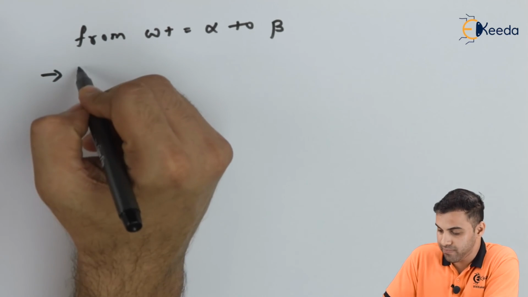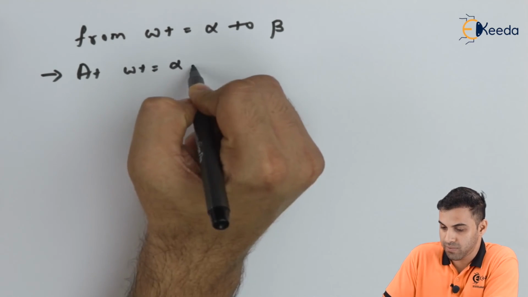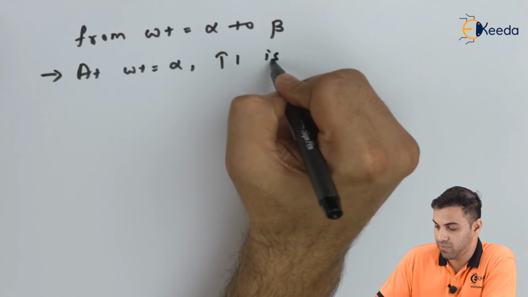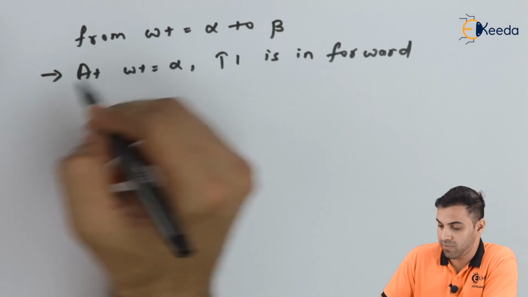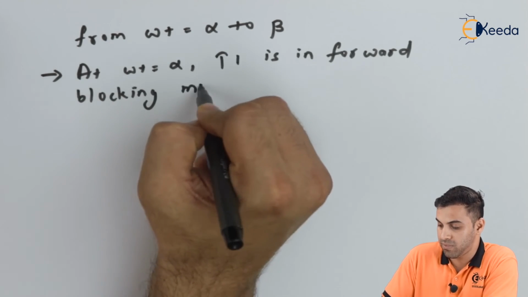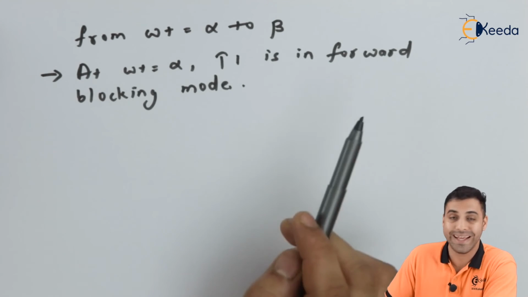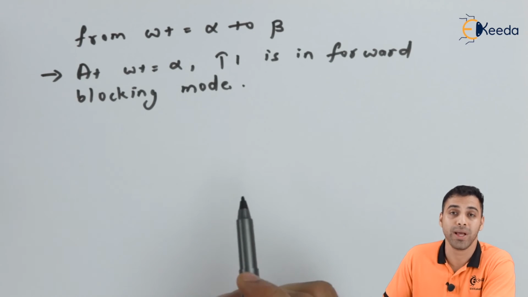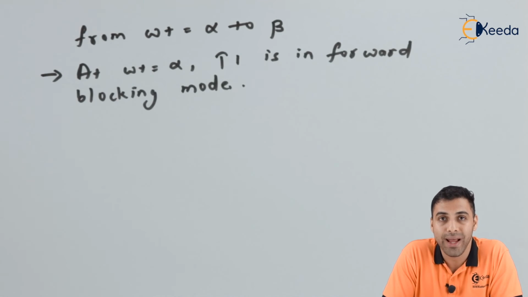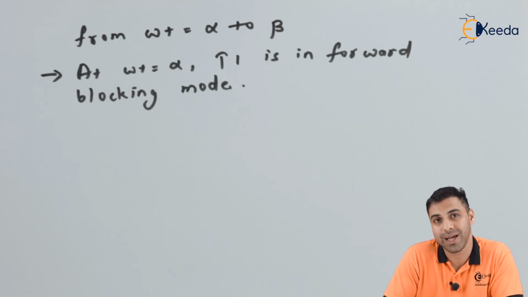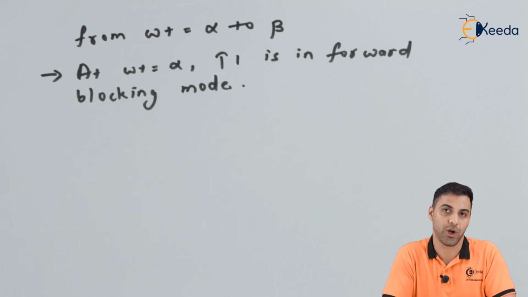First point would be, at omega t equal to alpha, T1 is in forward blocking mode. That is the reason until omega t reaches alpha, the thyristor blocks the entire input voltage applied across it.